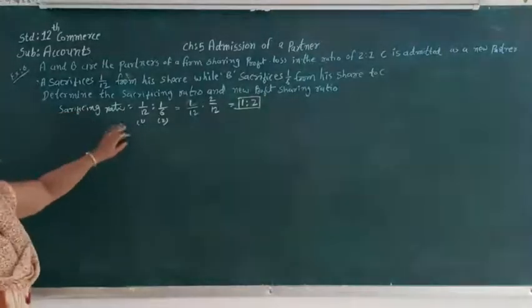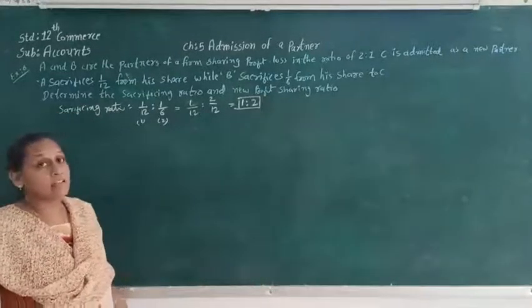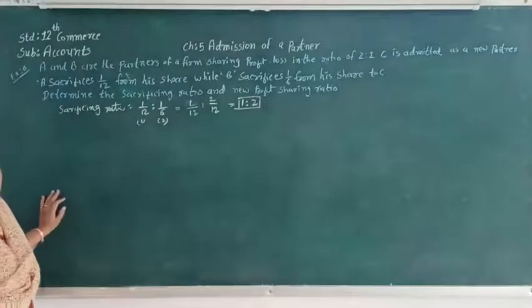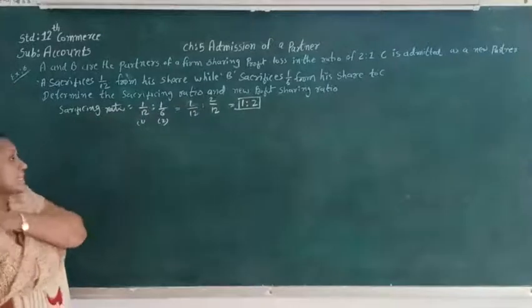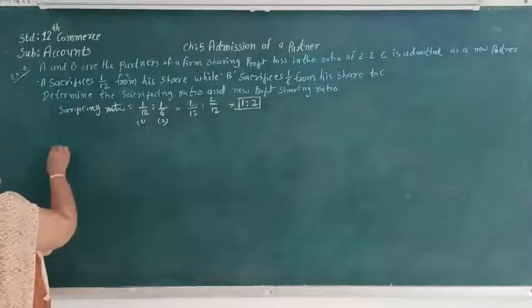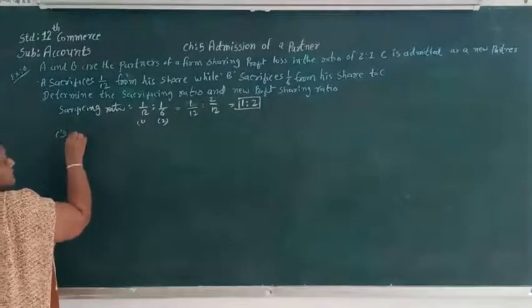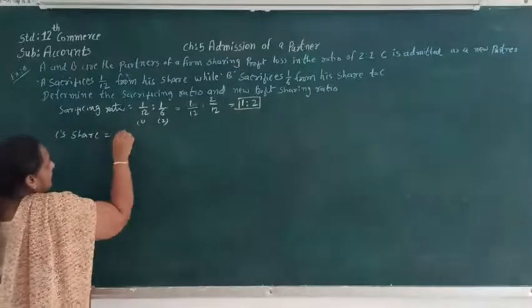Again, here the share of the new partner is not given, so we have to find out C's share. As we know, C's share is equal to A's sacrifice plus B's sacrifice.